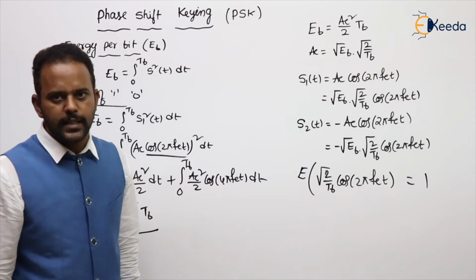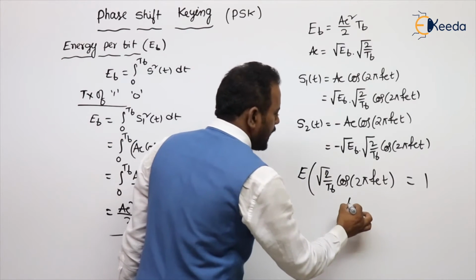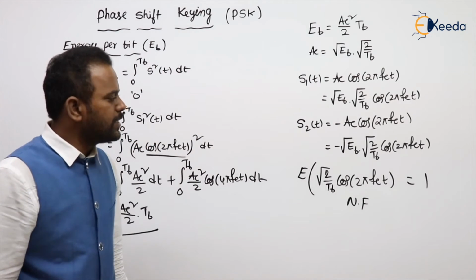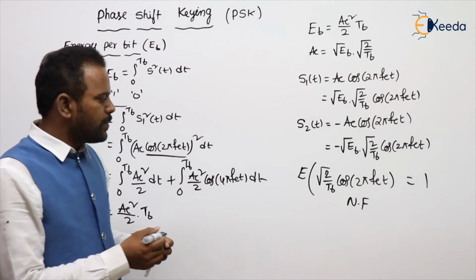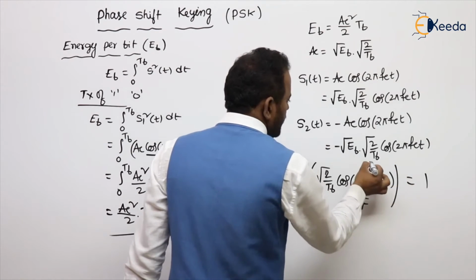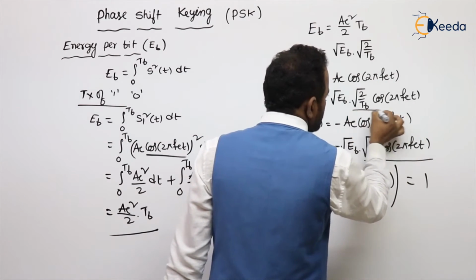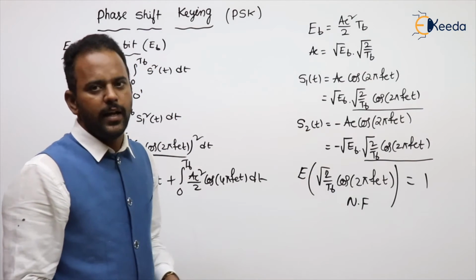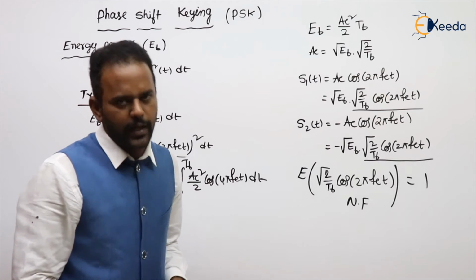Energy is 1 means it is a normalized function. Normalized function means their energy values are 1. This is one normalized function, and this is one normalized function. Of course, both are the same; one is on the positive side, another is on the negative side.